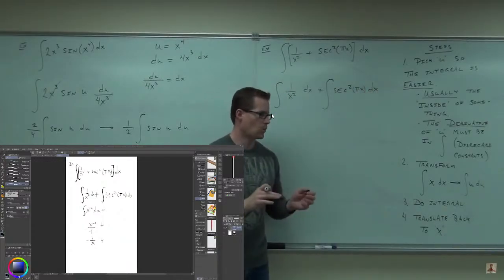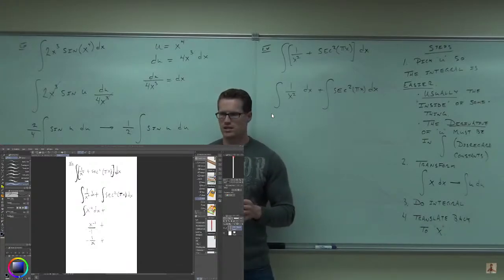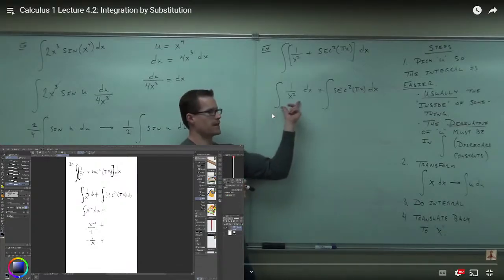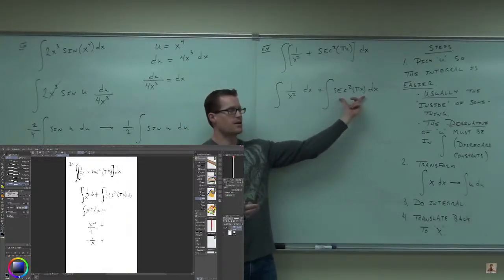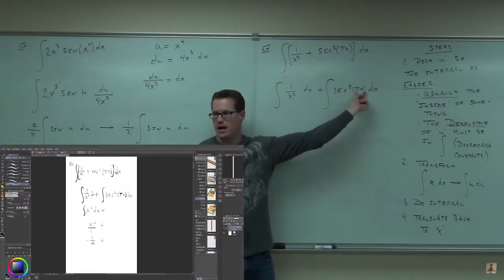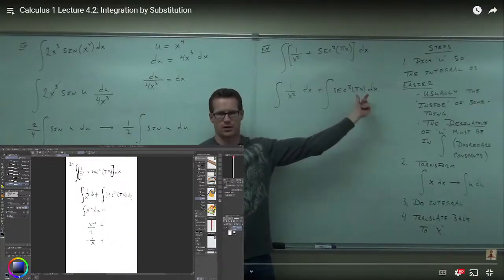That makes it a whole lot easier. Why does it make it easier? Well, look, that's basic. That's in your table. Make it x to the -2, do the problem. This, that's integration by substitution. Sure, you substitute your u equals pi x, do the same thing.